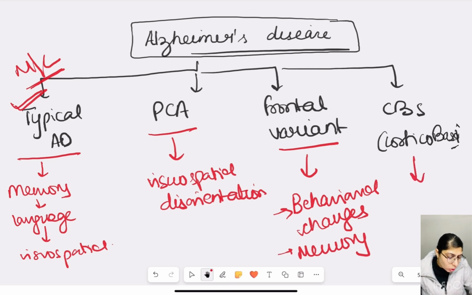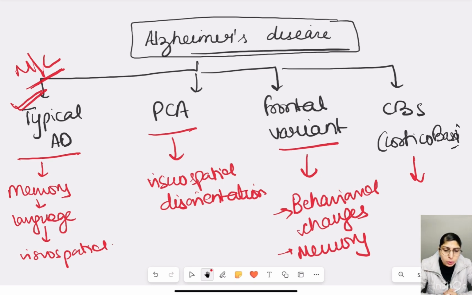And CBS is, of course, dystonia. So when we see corticobasal, we talk about dystonia because cortex involvement means aphasia or paraphasias, language impairment, and basal ganglia. Basal ganglia is a structure that is related with movements of our body.